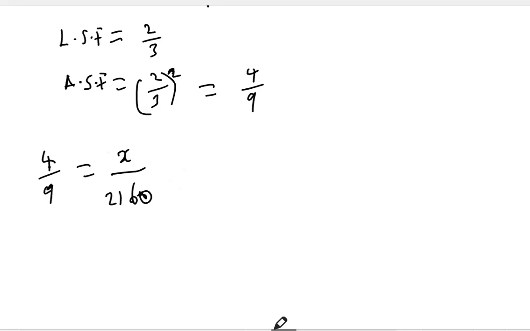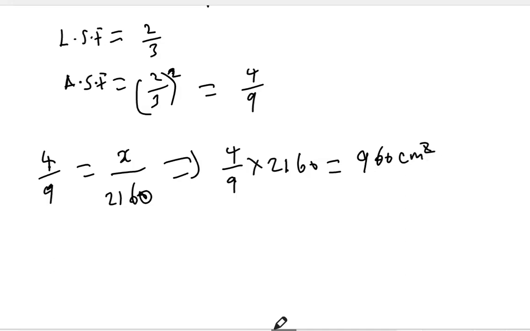Now you can go ahead and find the value of x. You can simply say that 4 divided by 9 multiplied by 2160, using your calculator, will be 960 centimeters squared, and this will be the area of the smaller one.